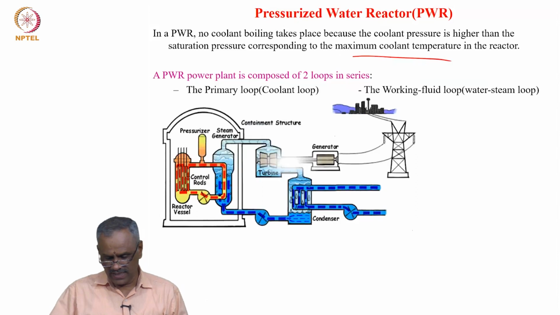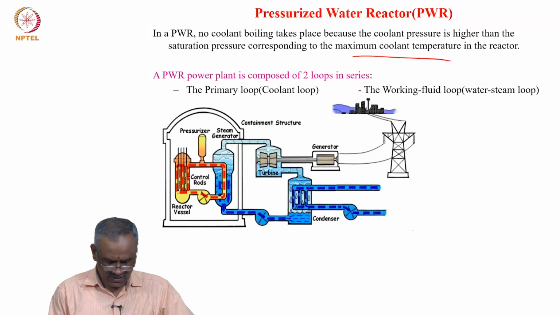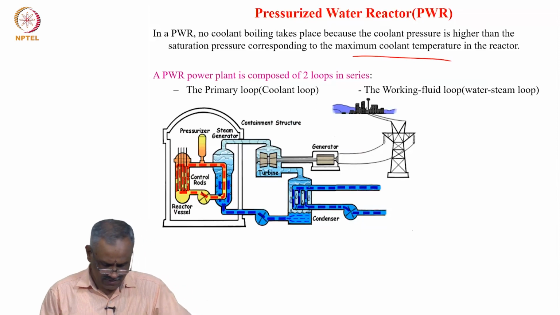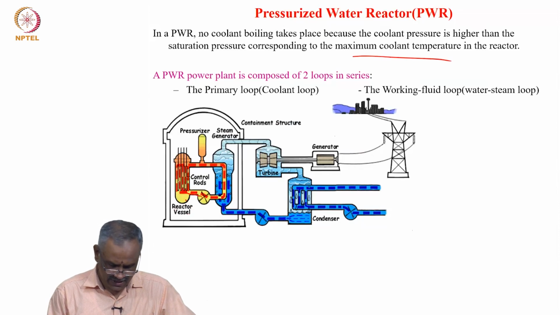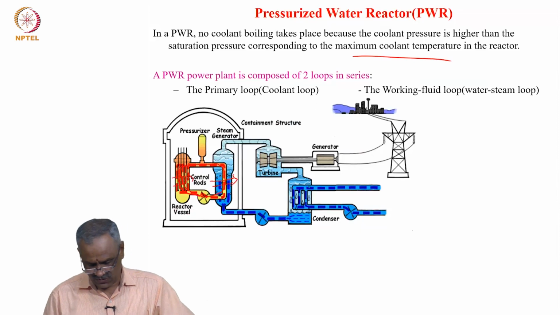If you look at this, the first loop is, see, this is the reactor which you have seen, the fuel rods undergo reaction, and the moderator control rods are immersed here, and this is the reactor vessel, and the high pressure water is circulated into this, and then it goes in a circular manner, and it picks up the heat here and then delivers it here. So, this is a pressurizer, very high pressure water is used here.